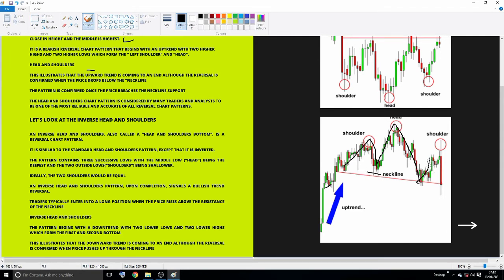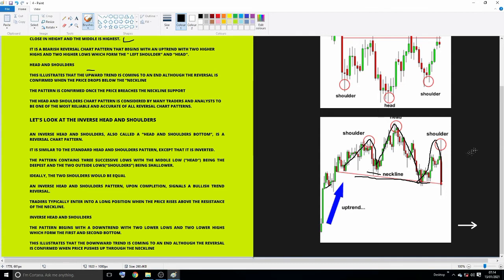Then it goes back to where it started here, and then comes and gives us a high, but that high is lower than the head, which confirms our right shoulder. Now, same as the double top and the double bottom, we have a neckline here. The neckline is where we can decide to enter our trade if it closes below that neckline on the head and shoulders.